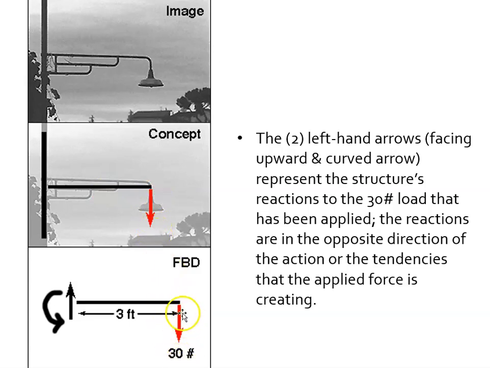So a 30-pound light pulling down, a 3-foot cantilevered beam, and what we want to look at is what this light is doing exactly.